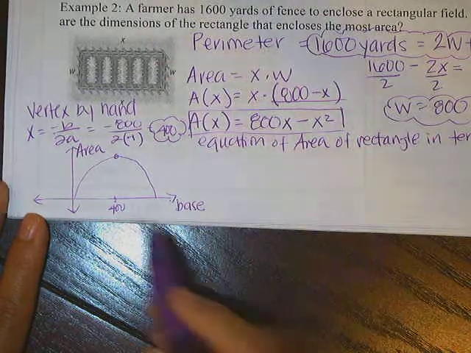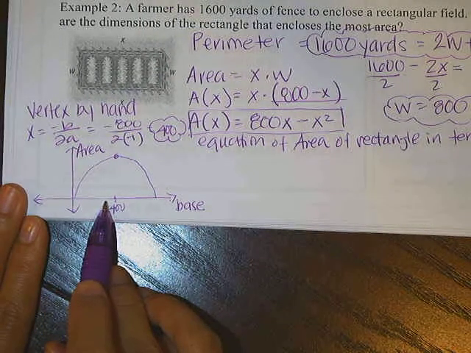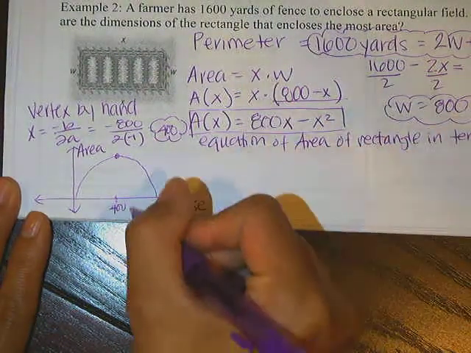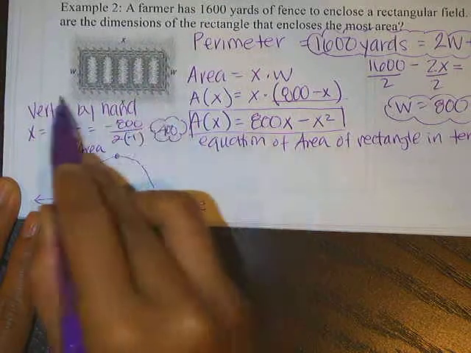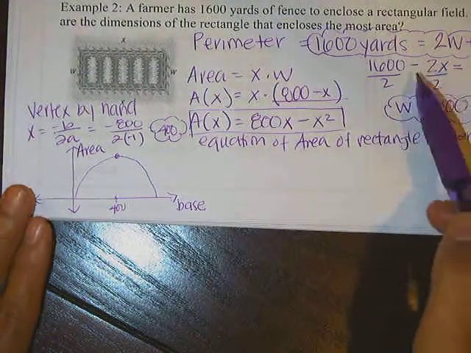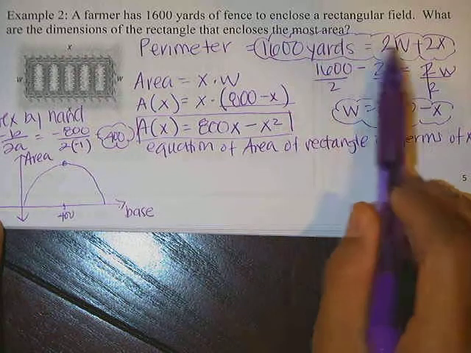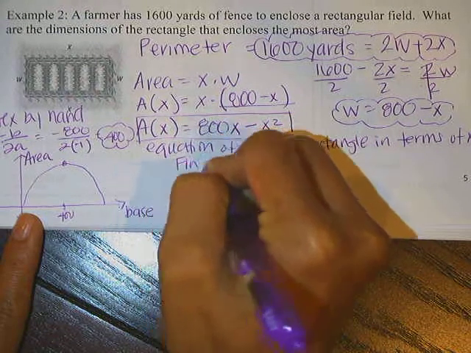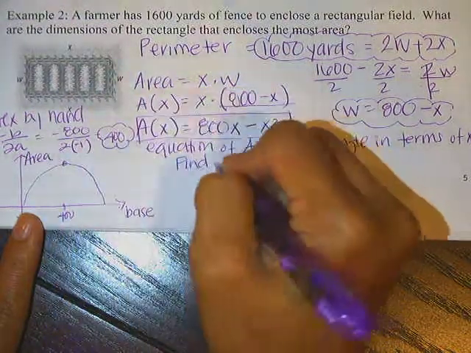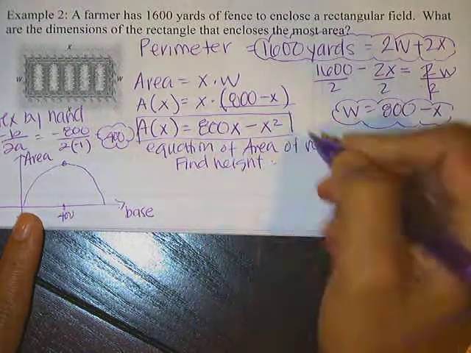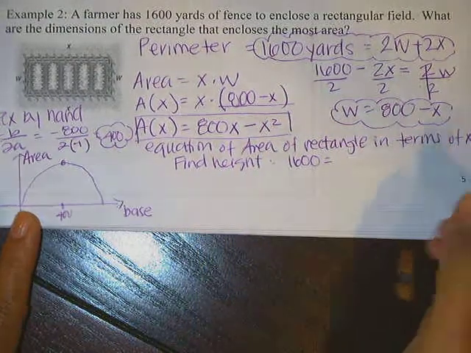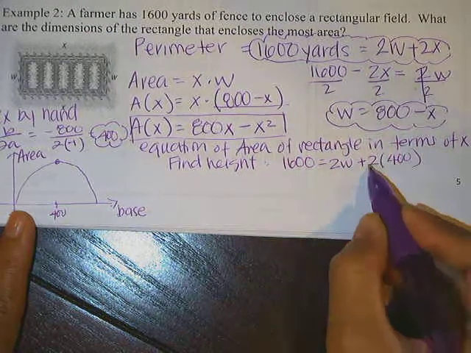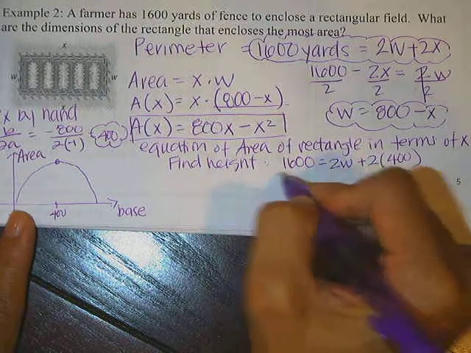So now I know what the base is. Now I just have to find the w piece. I can do it two different ways. Right now I know my base is already 400 because that's what x is. So what is w then? I can put x in the perimeter equation right here and find out what w is. So, 1600 equals 2w plus 2 times 400. 2 times 400 is 800, so I'm going to subtract 800 from both sides.